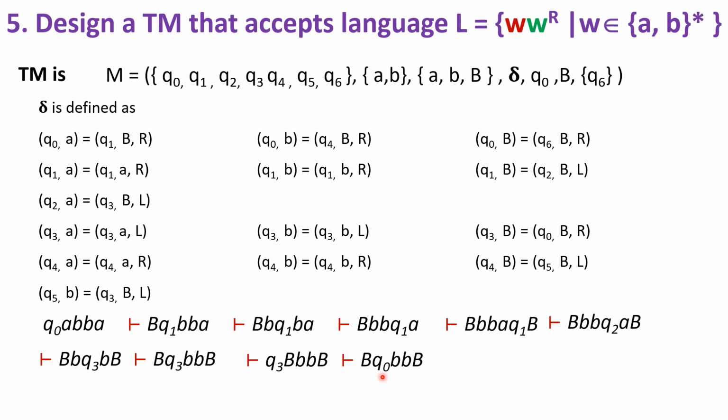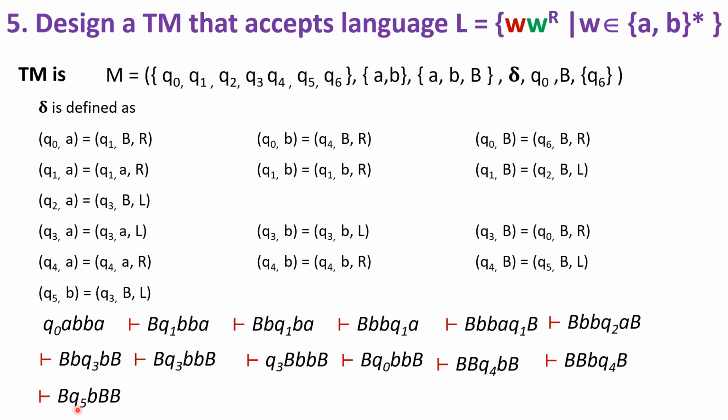Now in state Q0 you can see the string starts with a B. So in Q0, B is replaced as blank and the state changes to Q4, move towards the right until you come across a blank. Once you come across a blank in state Q4, keep blank as it is, move towards the left, and change the state to Q5.